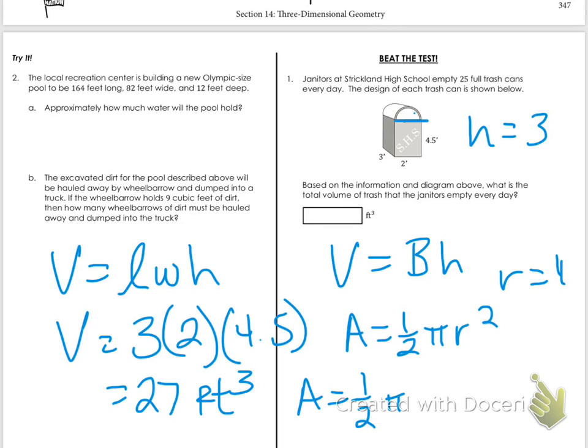I hope, and remember, I have not seen this test. I'm not allowed to see this test. I hope that they tell you whether to use 3.14 or to use the pi button on the calculator, because I'm pretty sure you do have a pi button. I don't know whether they're going to specify or not. So use your best judgment.